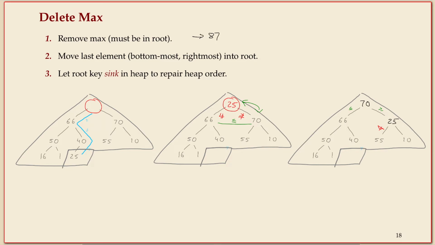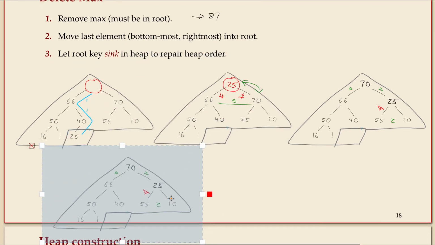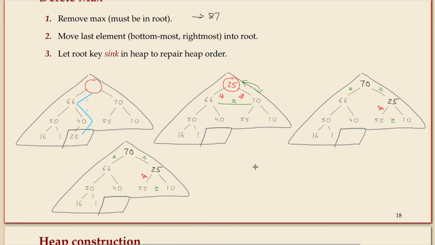Again, we compare the two children. 25 is the bigger among the two children, so we swap it with that one. Now, this time, we're fine just because we ran out of children that we could potentially mess up.